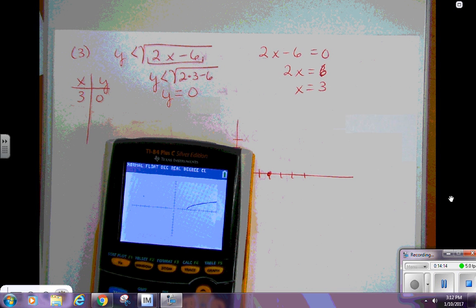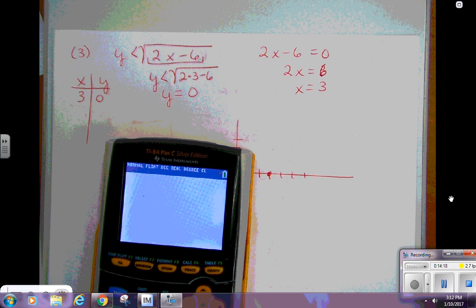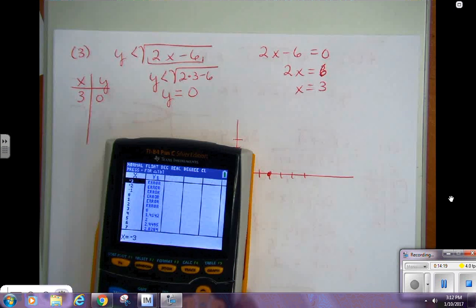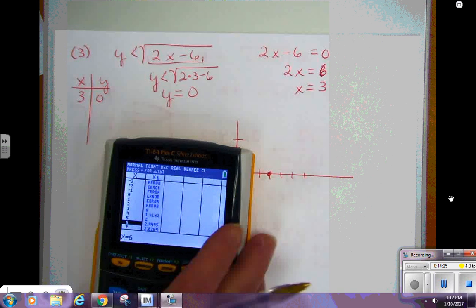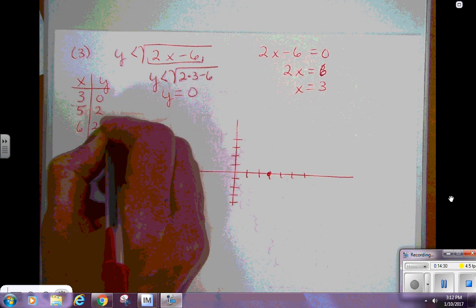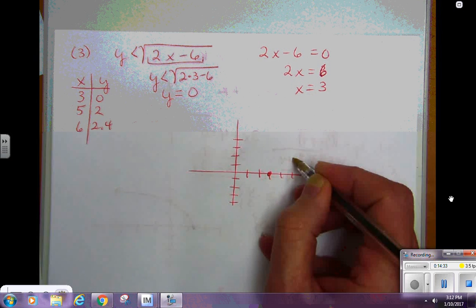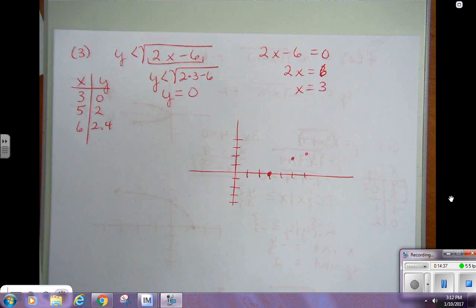I just want points to put on my graph, so I'm just going to look at the table. And I have 5, 2, and 6 and 2.4. Okay, so here's another point, and then one more over a little bit further up. Okay, so there are my points.